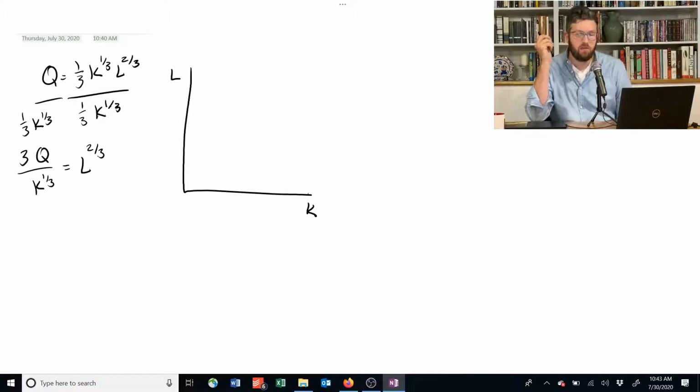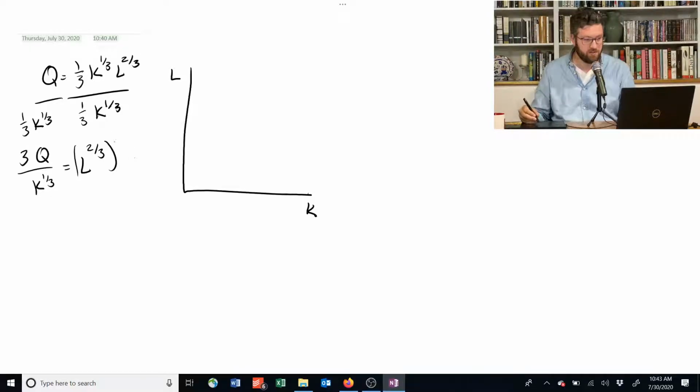Now, unfortunately, we're not there yet. We need to get L as a function of Q and K, not L to the 2/3. So we've got to get rid of that exponent. How do we do that? Well, we know that if we raise an exponent to a different exponent, we multiply them together, and we also know that an exponent of 1 you can just drop.